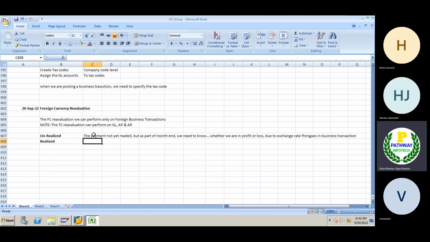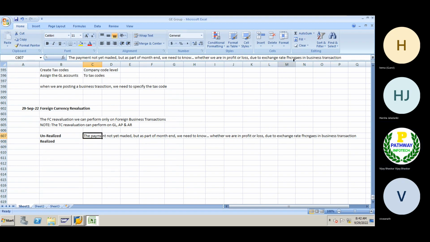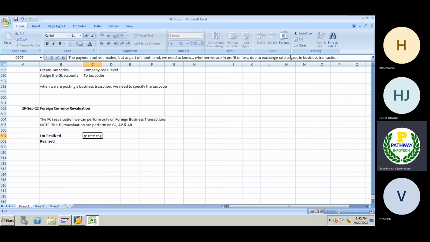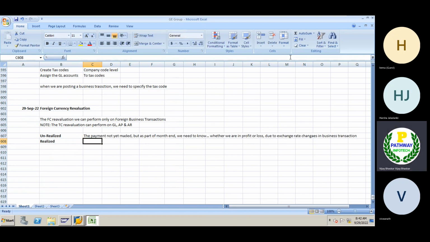Now, if I am performing month end revaluation as part of September month end, then I want to know whether the posted transaction's exchange rate changes, whether because of that particular business transaction I am gaining or losing due to exchange rate fluctuations.